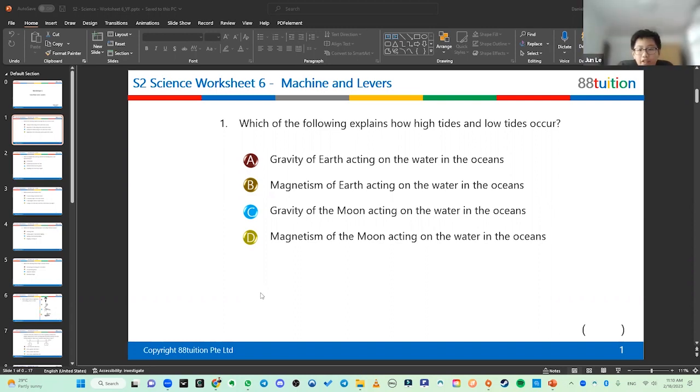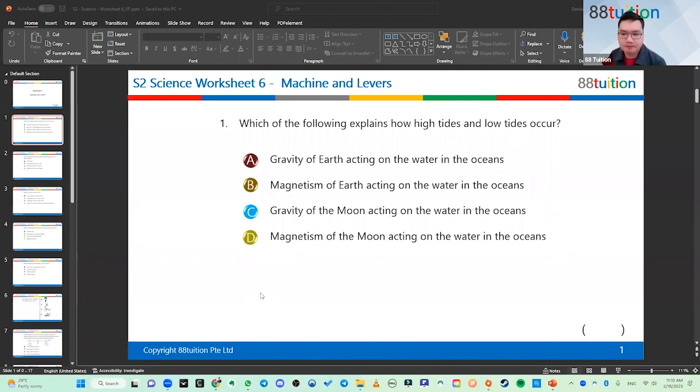Gravity of Earth acting on the water in the oceans. Okay, that's A. How about B? Jocelyn? Magnetism of Earth acting on the water in the oceans. Magnetism of Earth. Okay, how about C?